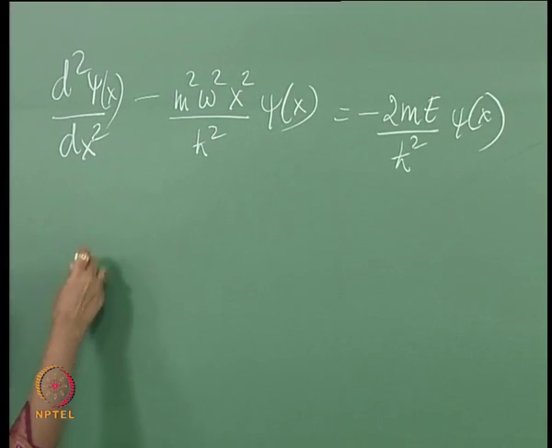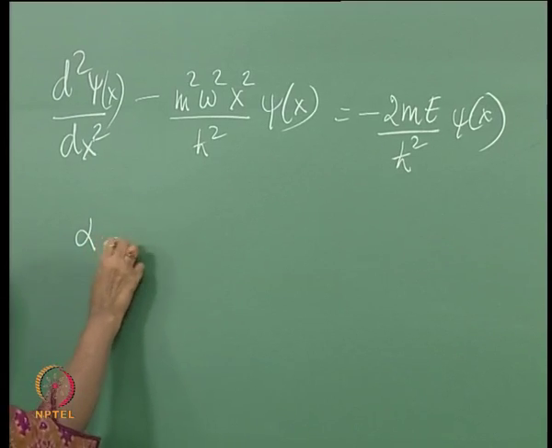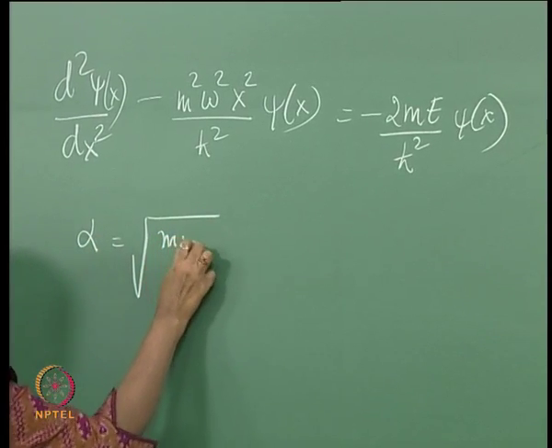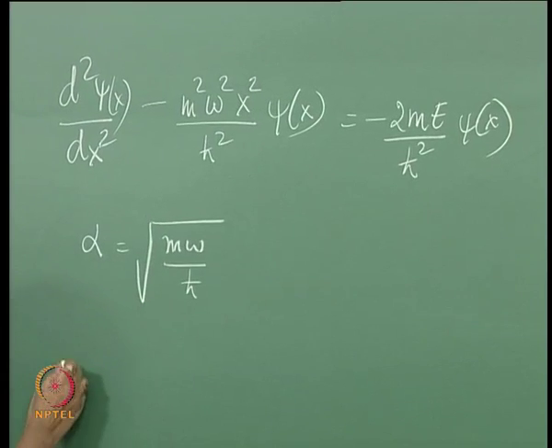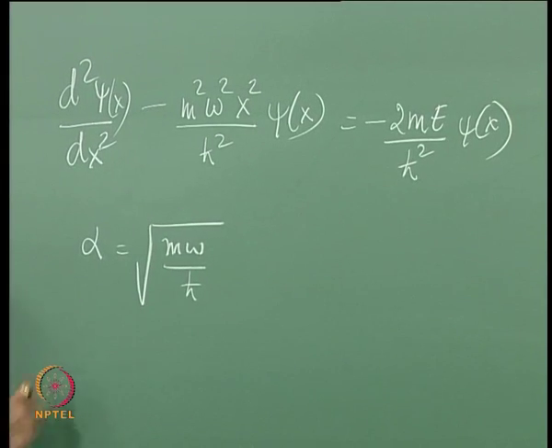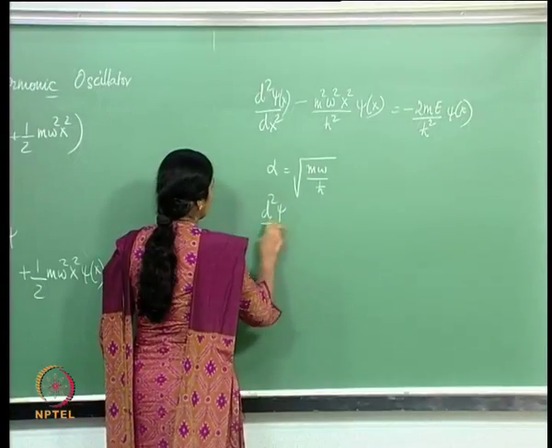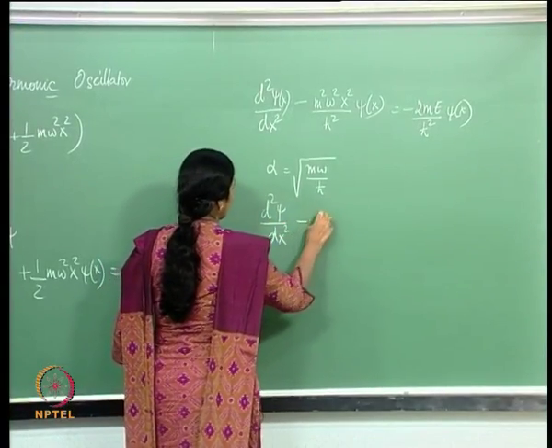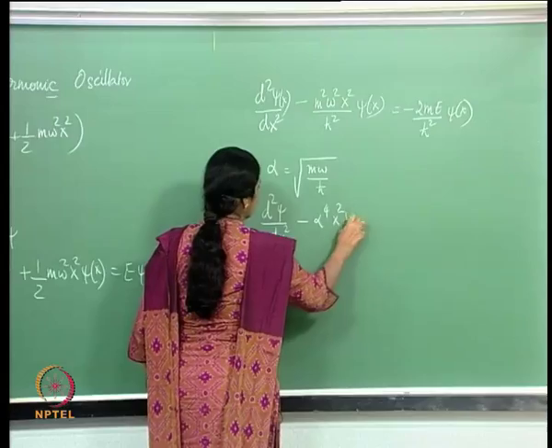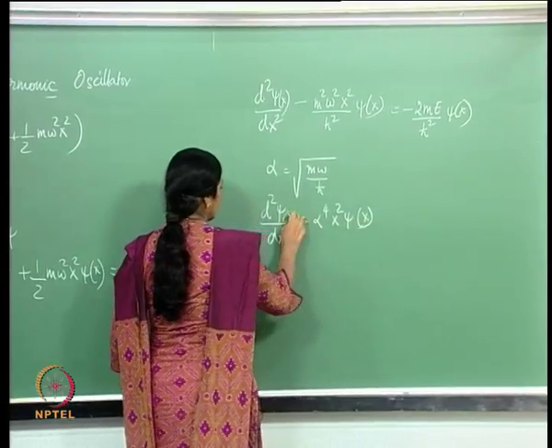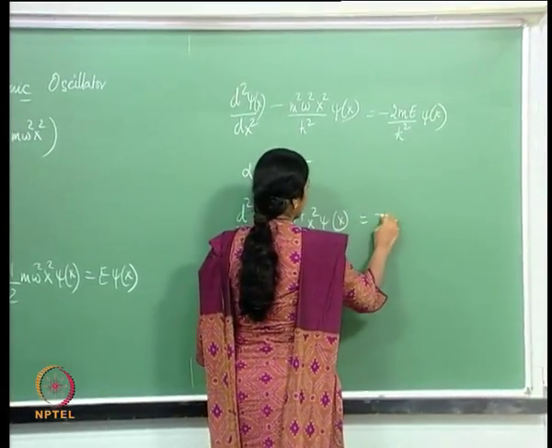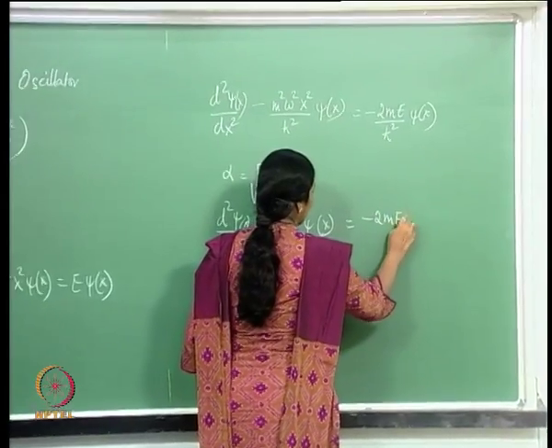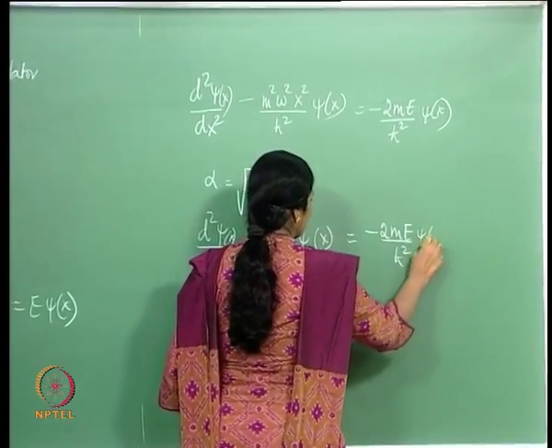And then I said, let us define alpha as root of m omega by h cross, and then indeed this becomes d2 psi by dx squared minus alpha to the 4 x squared psi of x is minus 2mE by h cross squared psi of x.